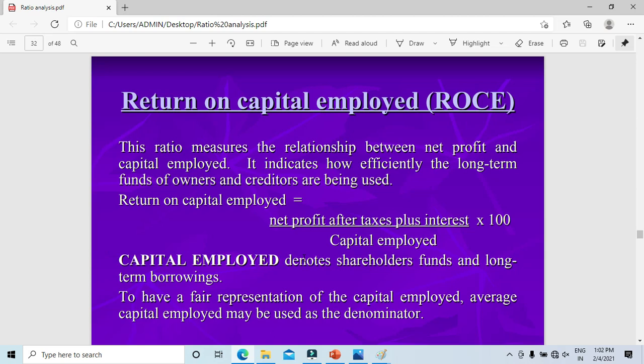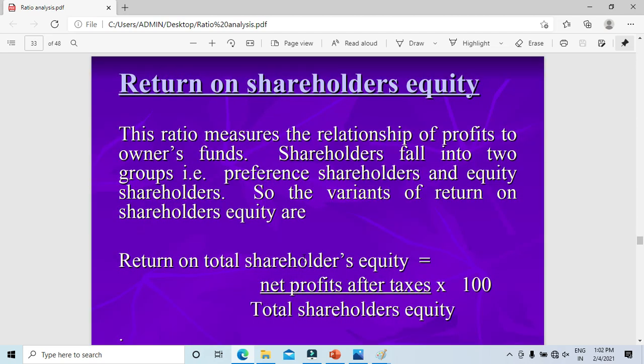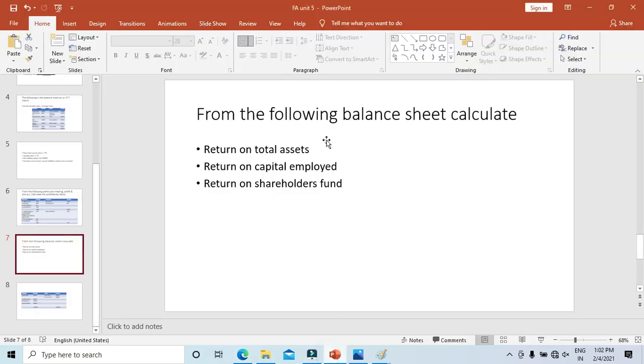And also in this question the further part is, I didn't write that. So this is the further information: net operating profit before taxes is equal to 2,80,000.